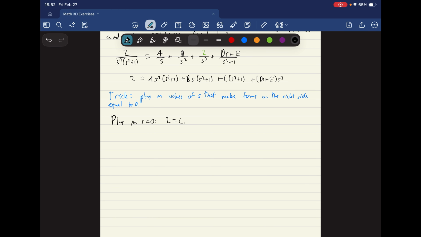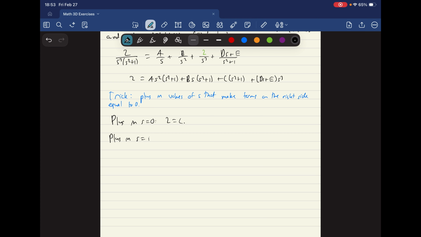Okay. But it seems like that's the only convenient value that we can plug in. What else can we do? Well, if you're comfortable with complex numbers, another thing we can do to get some more values is to plug in complex values.